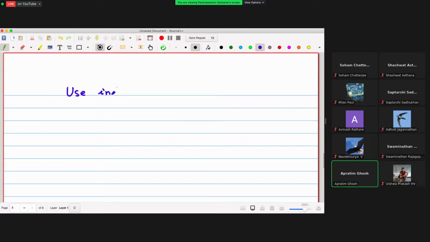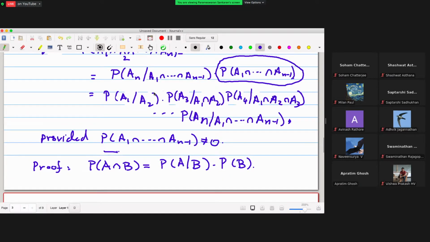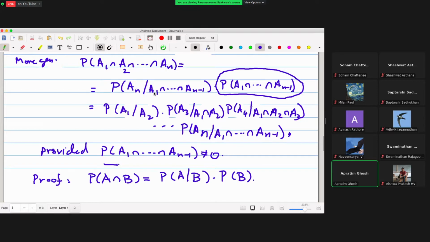Sir, I think there's a mistake in your statement, in the previous page. Sir, instead of P of A1 given A2, I think it's P of A1 intersection A2. No, sir, the next line: A1 given A2, and then A3 given A1 intersection A2, A4 given A1 intersection A2.